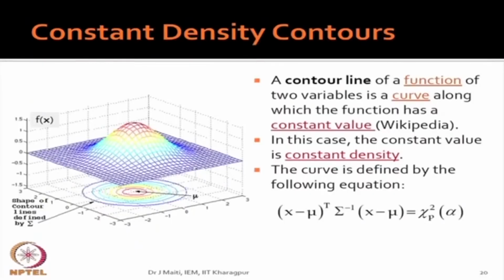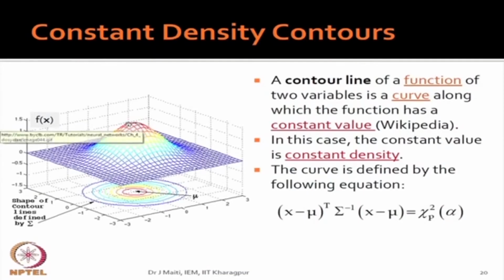Then we will discuss contours, what are basically constant density contours. You see this figure carefully. This is the bivariate density function. This is the mu, that is the bottom reference point. If you see it from the top, you will first see the point for this top point.